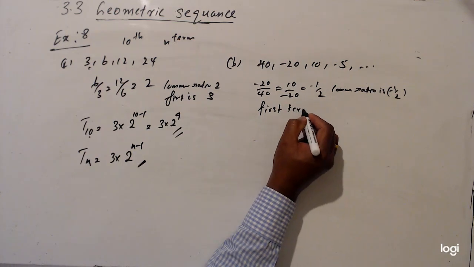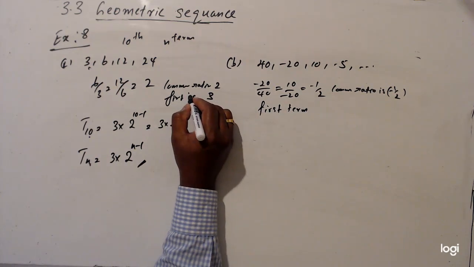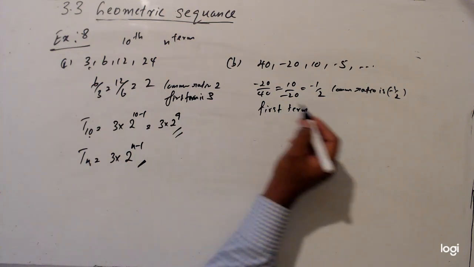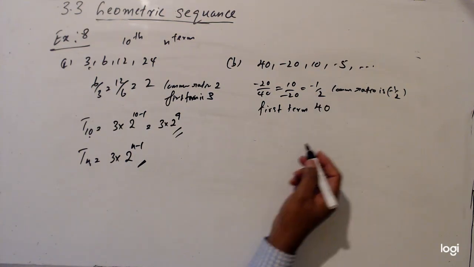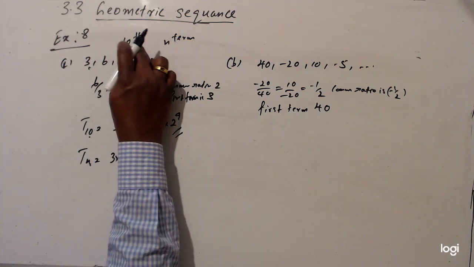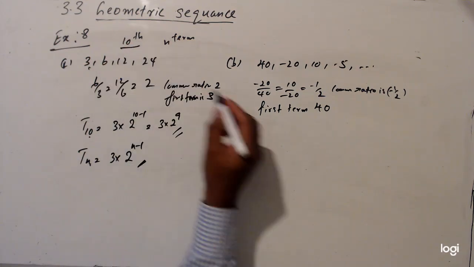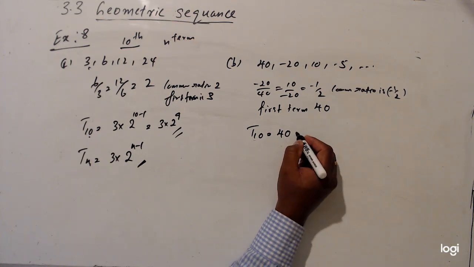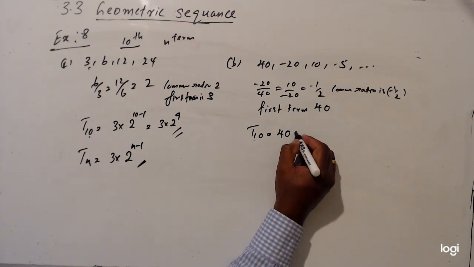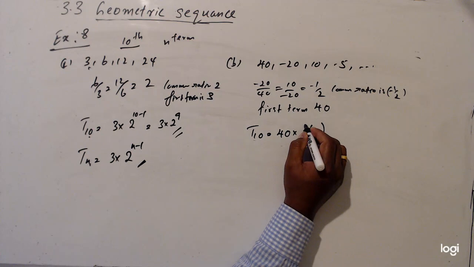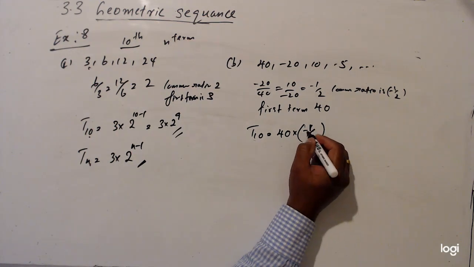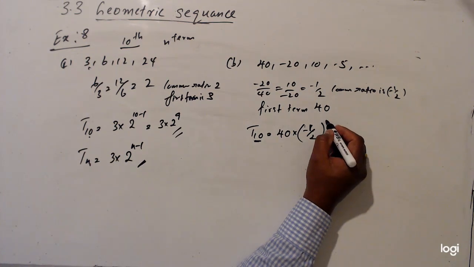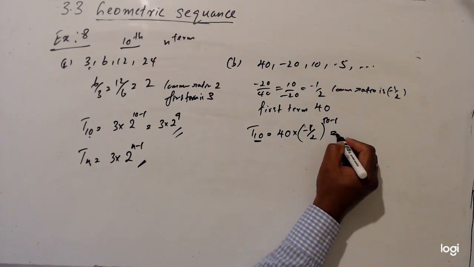The first term is 40. Now we need to write the 10th term. So for the 10th term, we need the first term, and then the ratio, which is minus half. We put a bracket, and the power is 1 less than the term number.